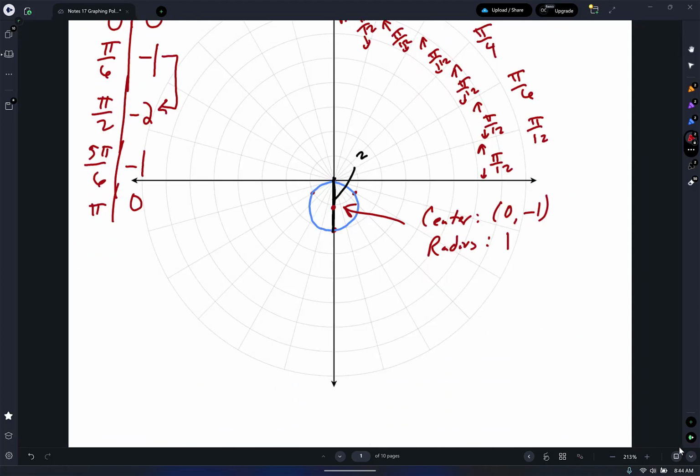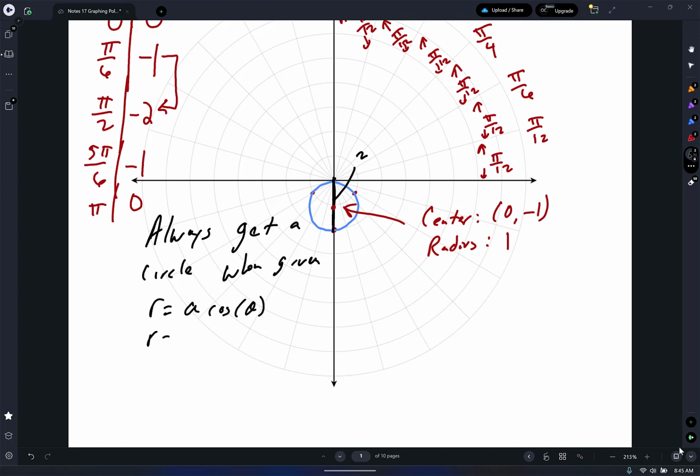So I guess I'll write the notes here, guys. You will always get a circle when given R equals A cosine theta, or R equals A sine theta. A equals diameter of circle.